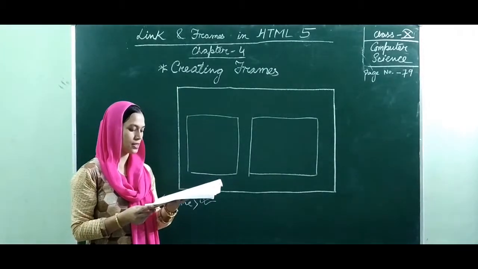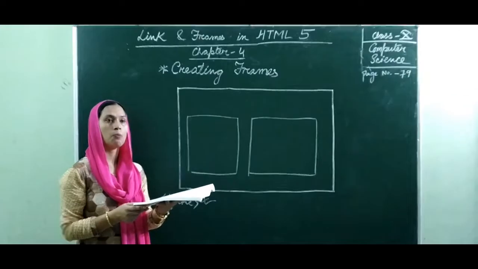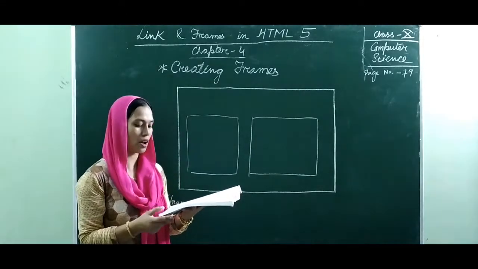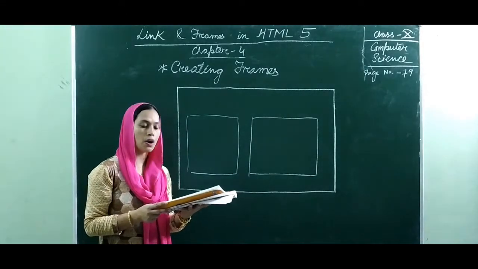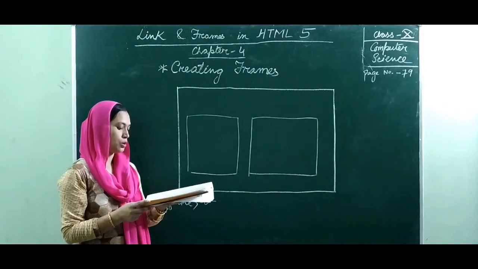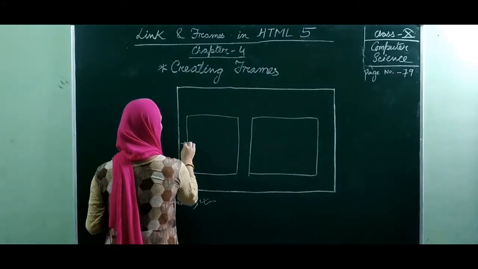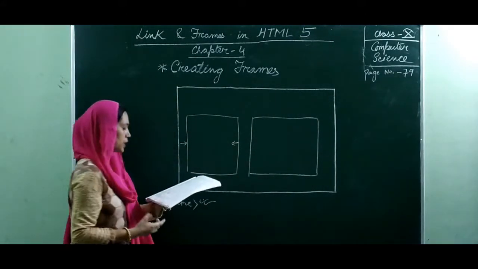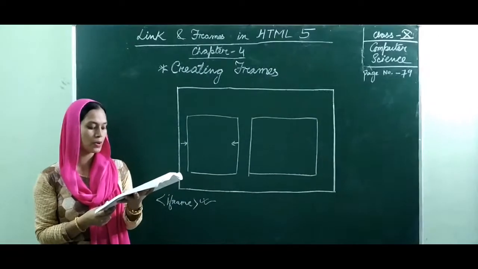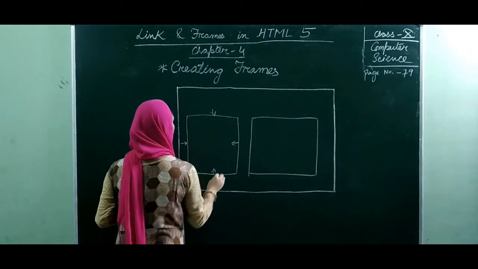Number 1, SRC. As we have already known, SRC, even in the img tag, means the area where you can write a URL of the source document. With the help of width, we will indicate the size of this web page. Then height, with the help of this height, we will indicate the height of the frame in the page.